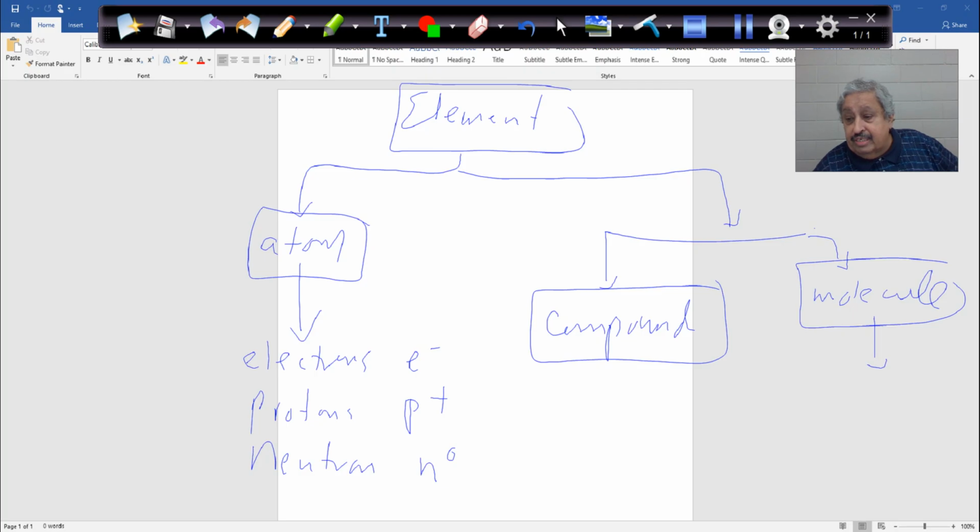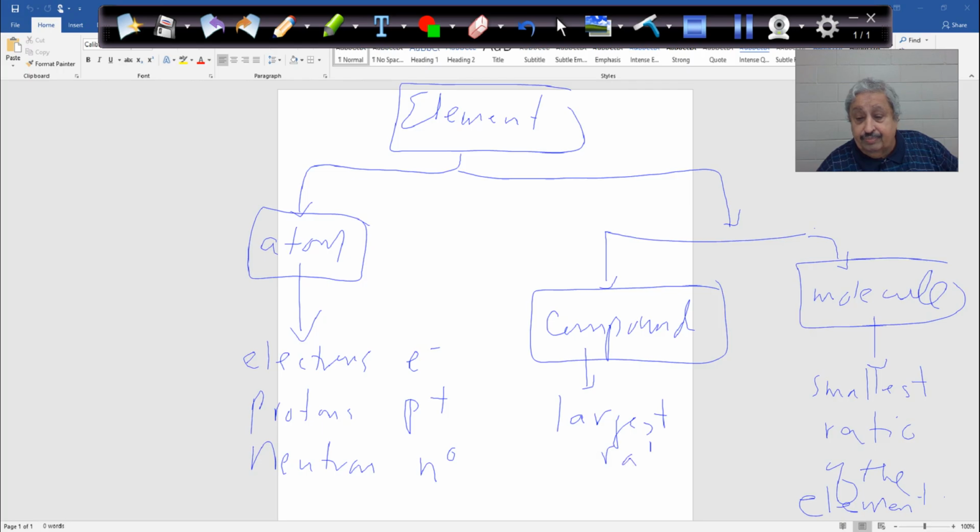So a molecule is the smallest ratio of the elements. A compound does not have to be the smallest; it is a larger ratio of the elements.